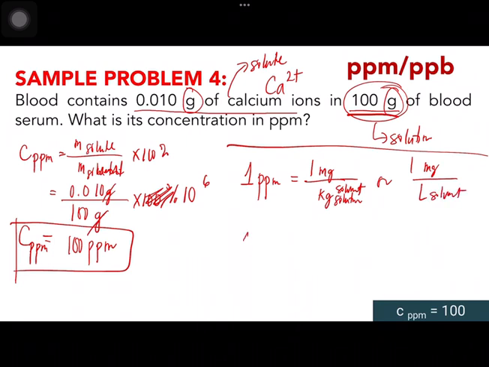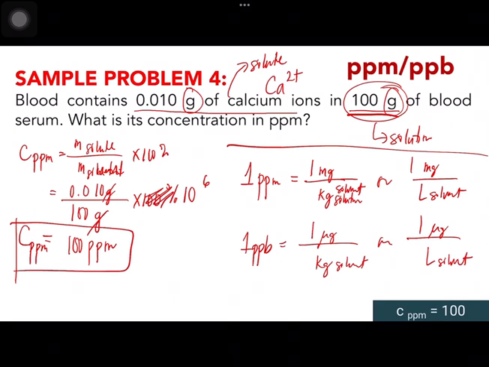Okay? And 1 part per billion is even smaller. So 1 microgram per kilogram of your solvent or 1 microgram per liter of your solvent or your solution. So that small. It is very small.